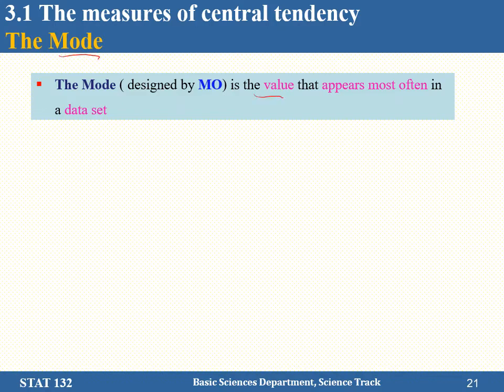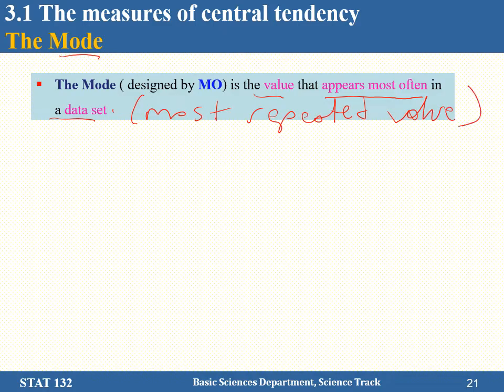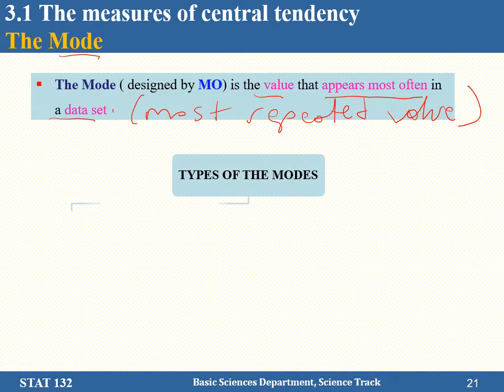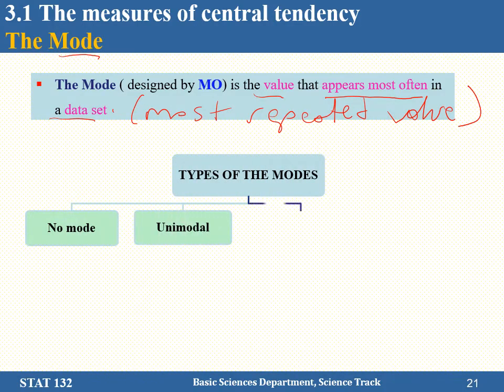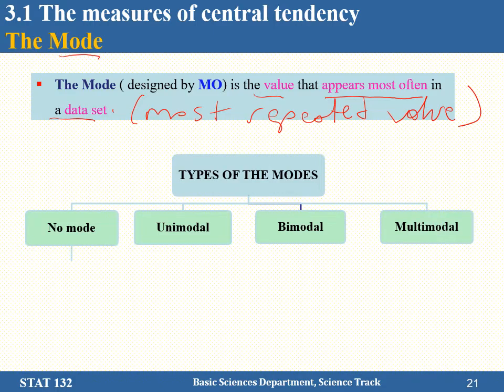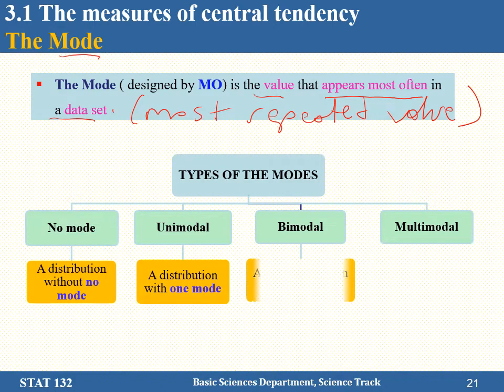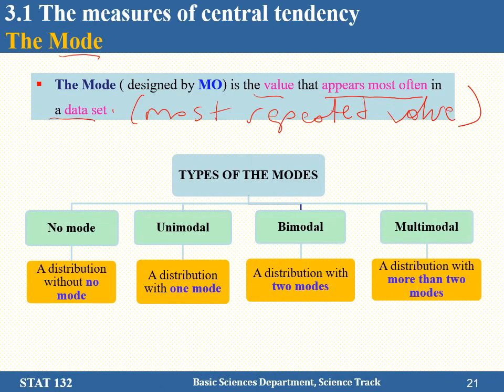Now, mode is the value that appears most often in the data set. So you can say it's the most repeated value of the data. We might have one mode, no modes, two modes, or more than two modes.